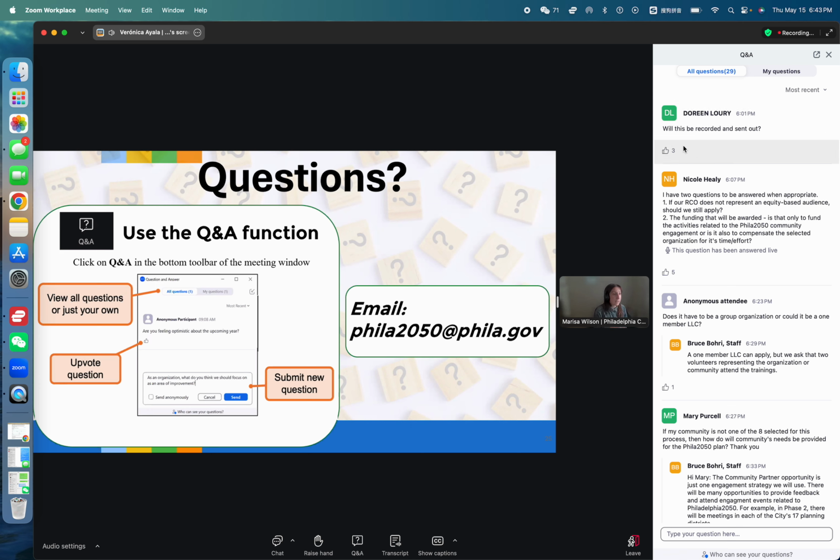What we do expect is that community partners make a concerted effort, given their capacity and the funding that this partnership allows, to make sure that their community is engaged at each of the stages that they partner for. We want to see that groups are doing their best to make sure their community is engaged, and we want that to be seen in the application, and that's what will lead to a strong application.